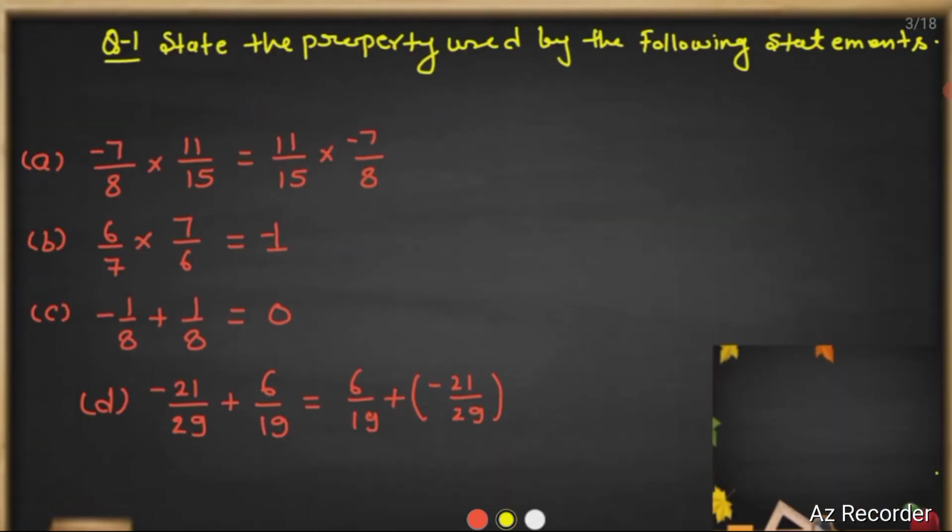So now here the first question is: state the properties used by the following statements. These statements are given here and we have to write down the name of the property. So here in this question the name of the property we are using is known as commutative property over multiplication.